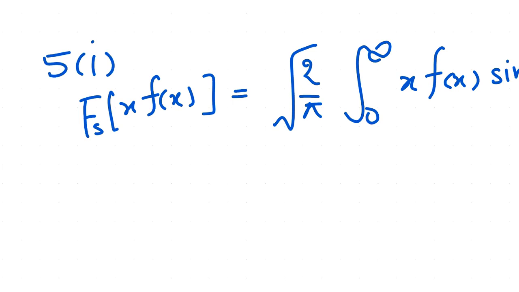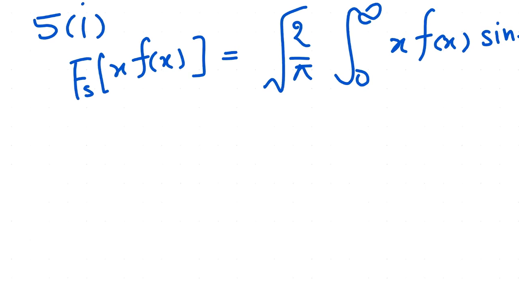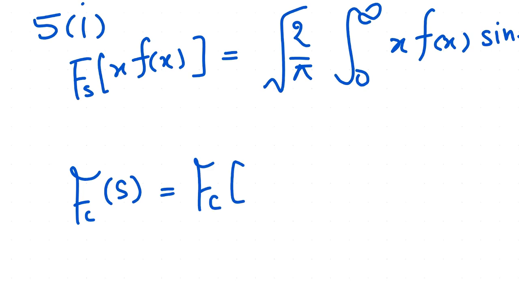And now, for cos, they are using only fx because on the right side they have Fc. So they are using only fx. You know very well Fc is just for fx, right?